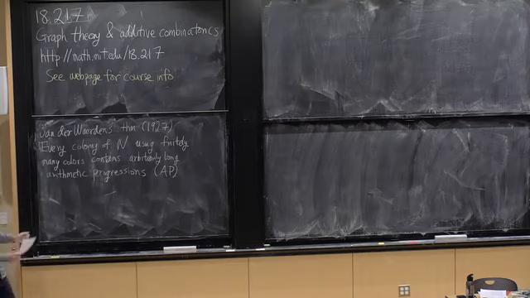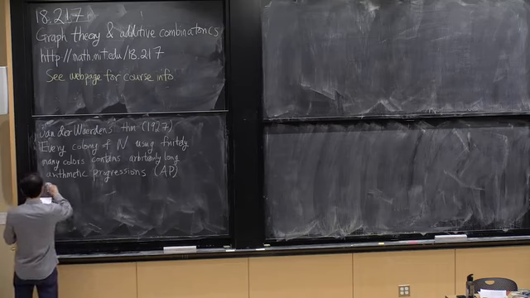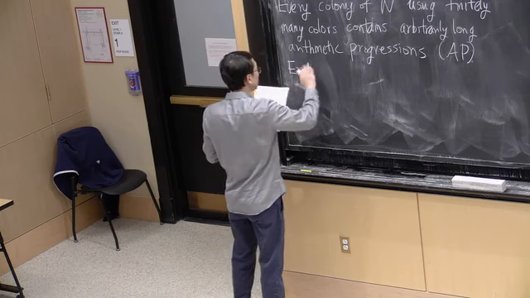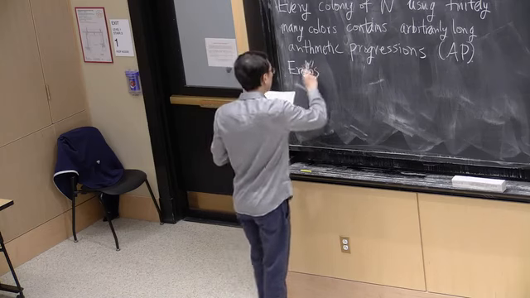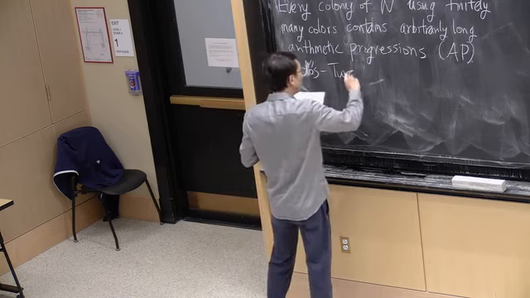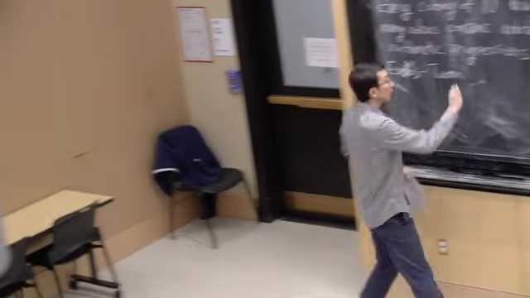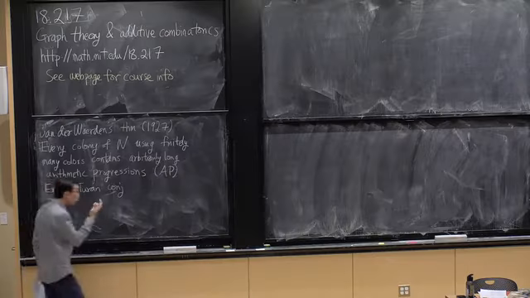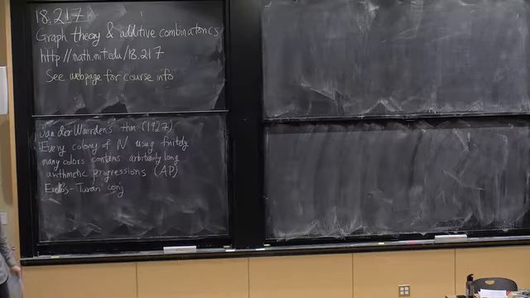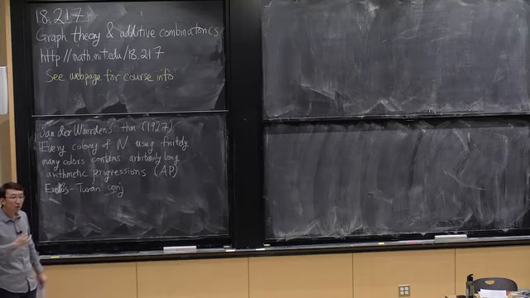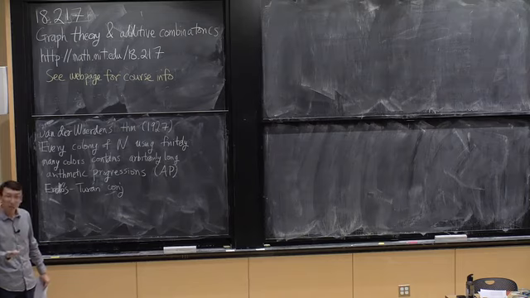So Erdős and Turán in the 30s conjectured that the true reason in van der Waerden's theorem of having long arithmetic progressions is not so much that you're coloring. It's just because if you use finitely many colors, then one of the color classes must have fairly high density. Right?